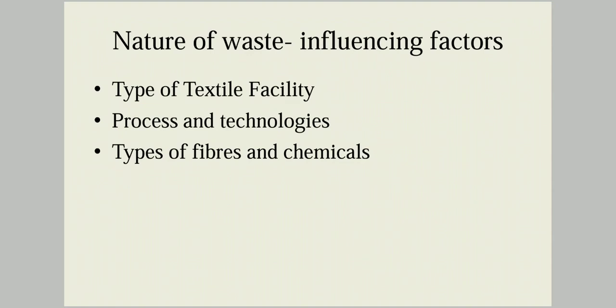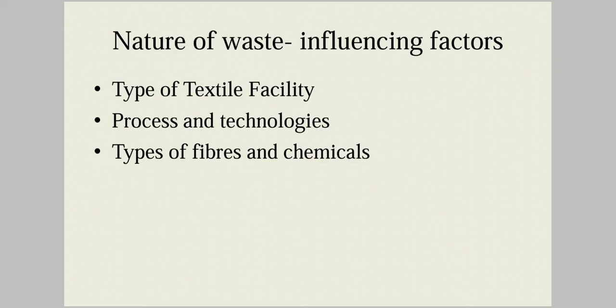The nature of the waste is affected by the following factors. First one is the type of textile facility. Second one is process and technologies. Third one, types of fibers and chemicals. Type of textile facility refers to whether it is a cotton textile mill, a wool processing factory, or a synthetic textile manufacturing factory.